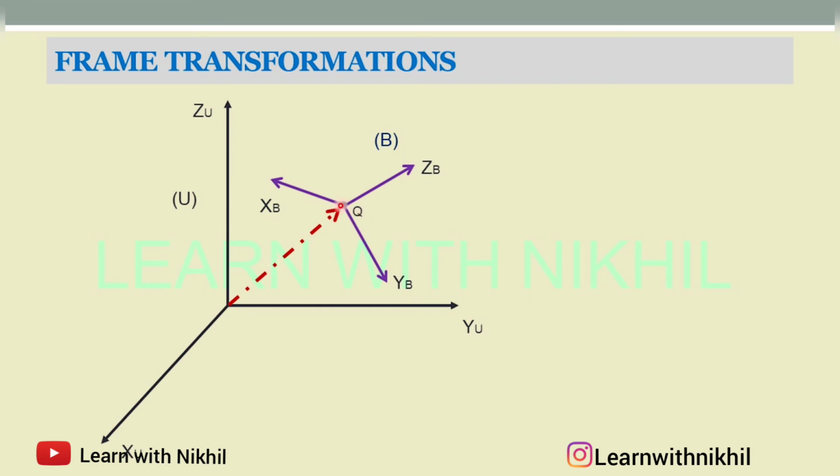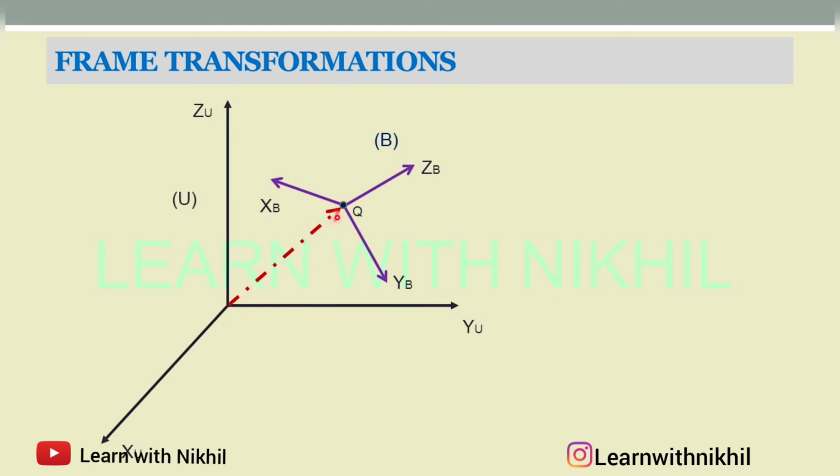Now here again you can see this is not parallel to this universal coordinate system. So to reach this point, we have to move this center point or the origin point here. So to move the origin point here, you have to do some position changes, you have to do some orientation or the rotation.